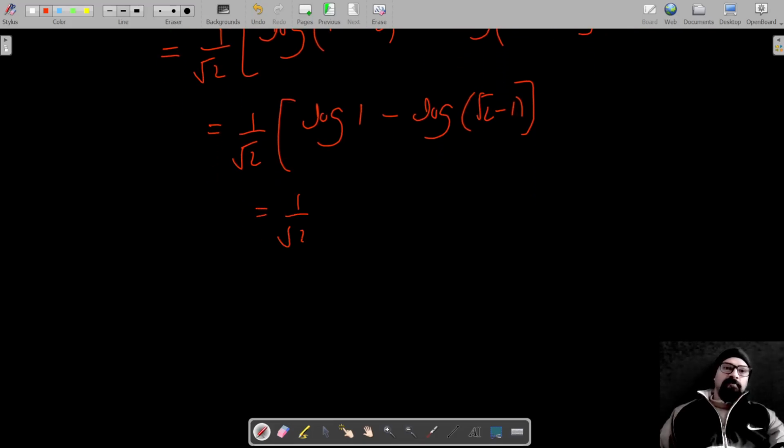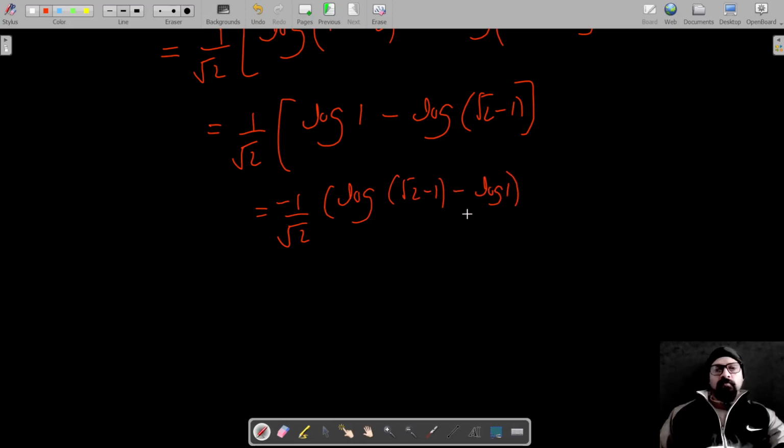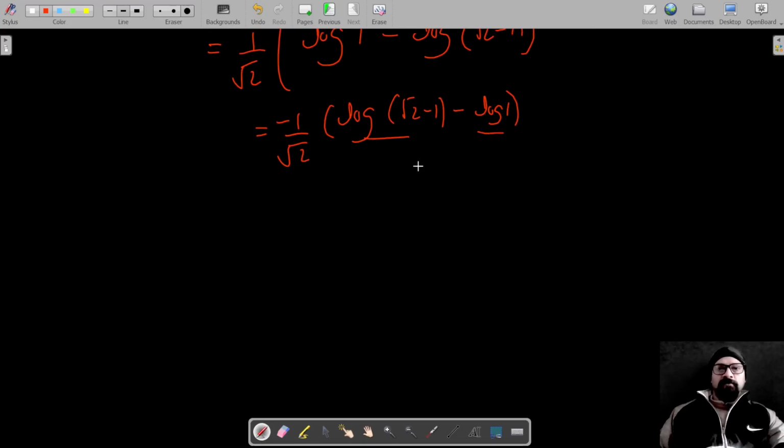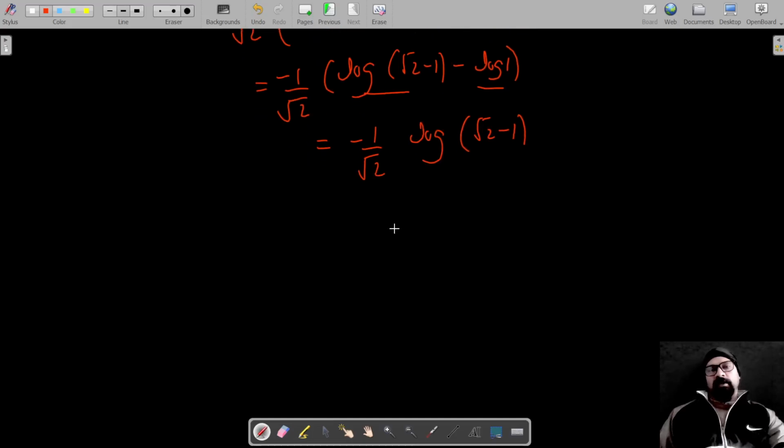And this can be written as 1 by 2. And if I take negative out, this is now log of root 2 minus 1 minus log 1. So this is log A minus log B, which is log A upon B. So this becomes log of root 2 minus 1.